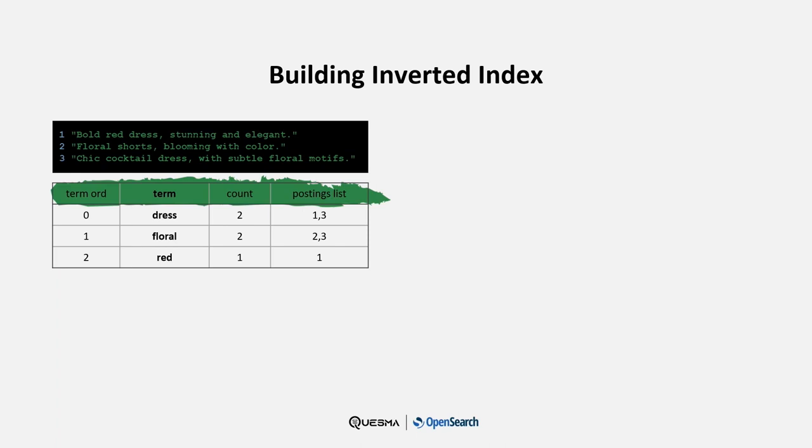On the left side, you can see the term ordinal. Again, these are sorted, and having the terms sorted carries very significant performance implications that we will talk about later. We have also the count, so how many times a specific term appeared in the whole document collection, and postings lists.